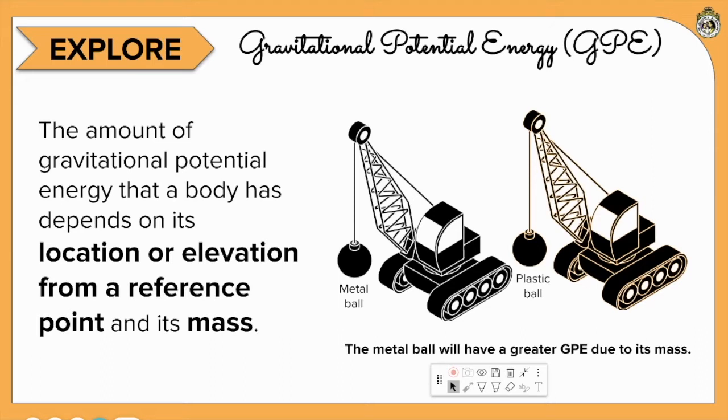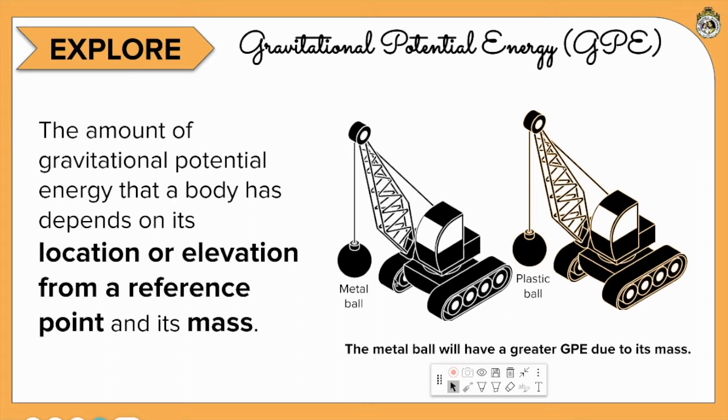We have two of these. The first one has a ball at the end of the wire that is a metal ball. So we would expect a metal ball to have a larger mass, or mas mabigat. And then on the other wrecking ball, we have just a plastic ball.